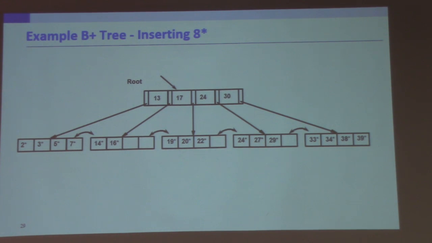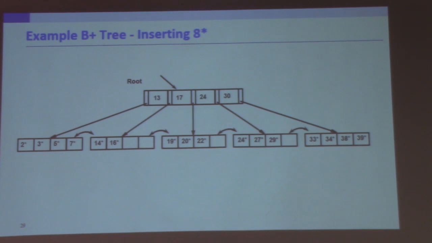And you're going to make a new index entry for that second page, which is 5, 7, and 8, which is 5 and a page ID pointing to that new page. And then you take that 5 and new page ID, and try to insert into the index page above the leaf level, which happens to be your root. Do you have space? You don't have space. What happens? You split.